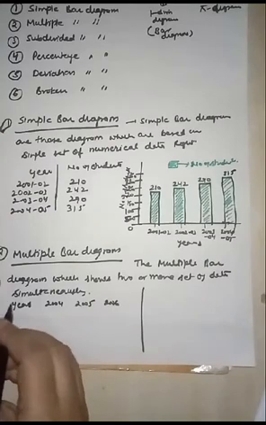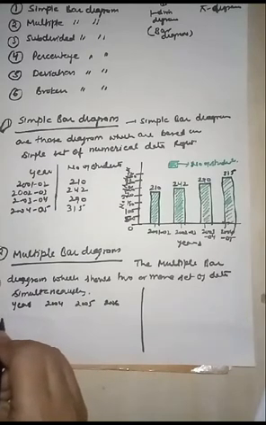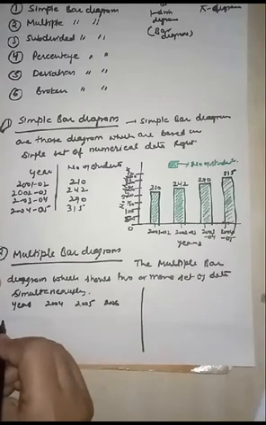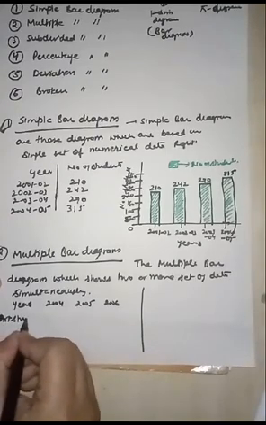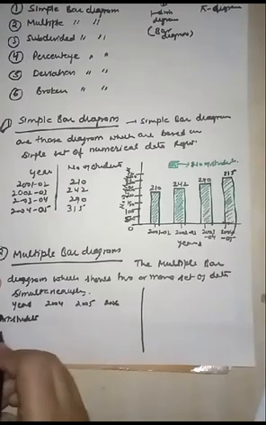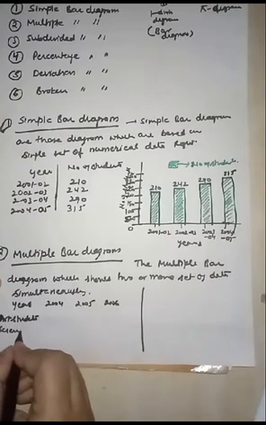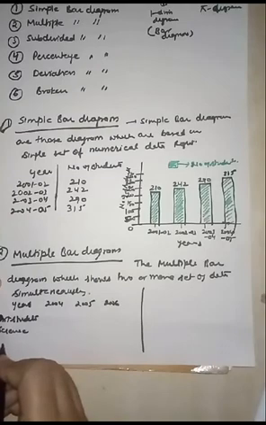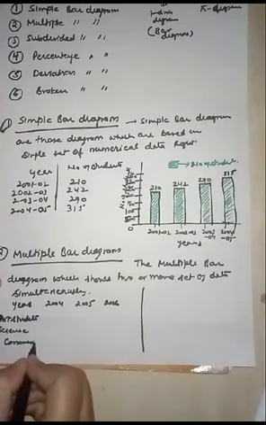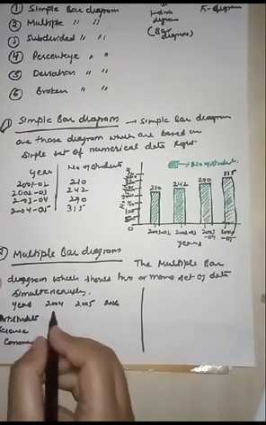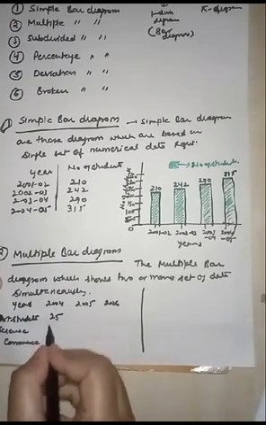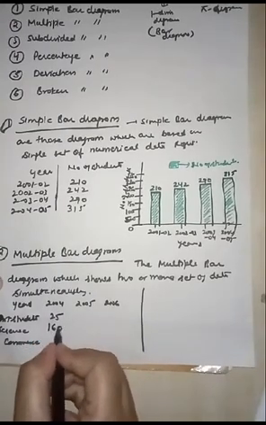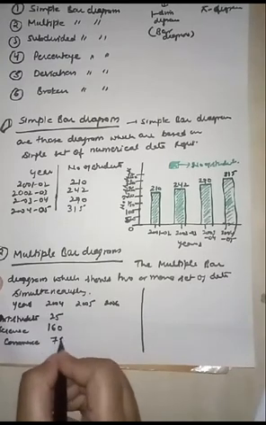The next series I have taken is the number of arts students, science students and commerce students. In 2004 the number of arts students I will take 25, science is 160, commerce 75.